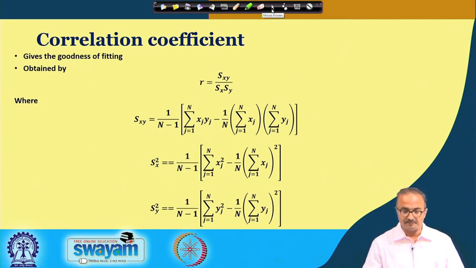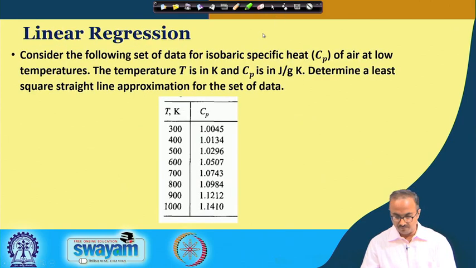Now we take this example. We are given a data set of T versus Cp, where T is the temperature in Kelvin and Cp is the isobaric specific heat in joule per gram per Kelvin.